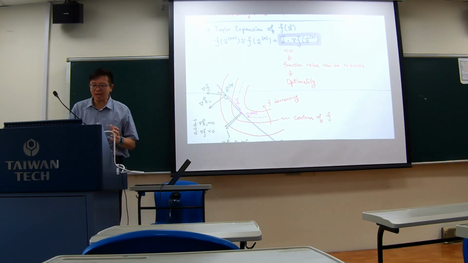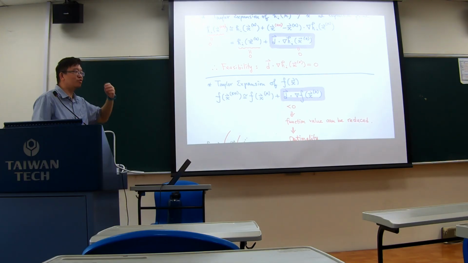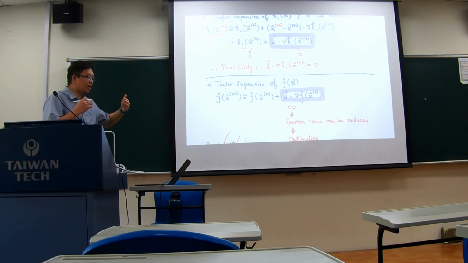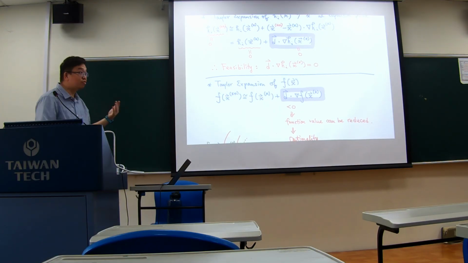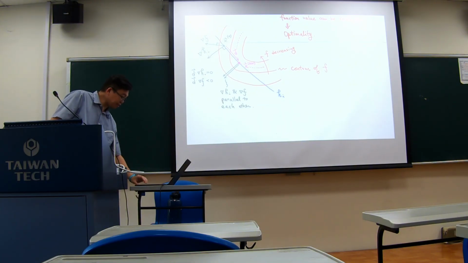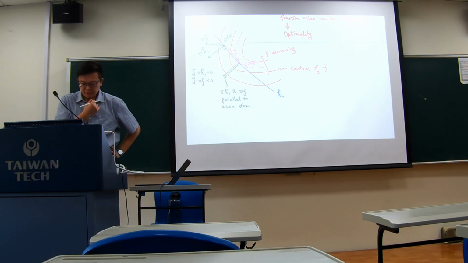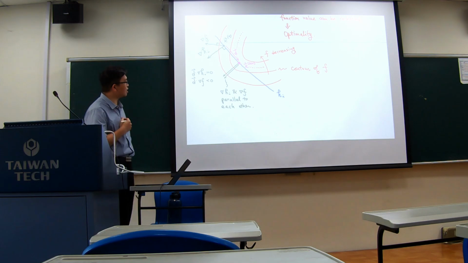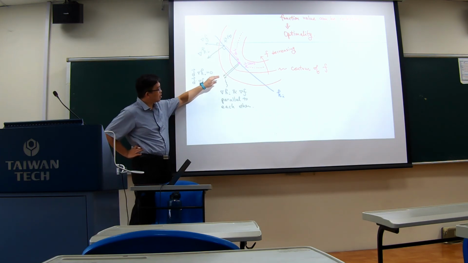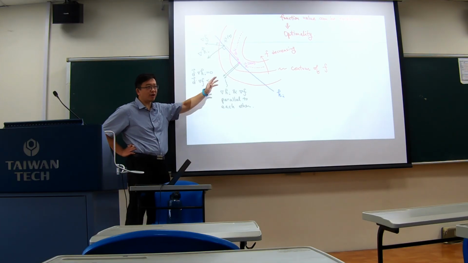By checking these two dot products, you can tell whether your design remains feasible or whether it can improve your objective function. One important idea right here is that gradient h and gradient f are parallel to each other.